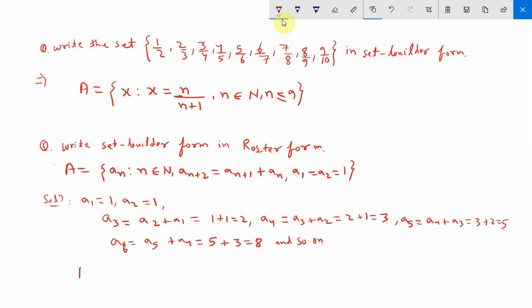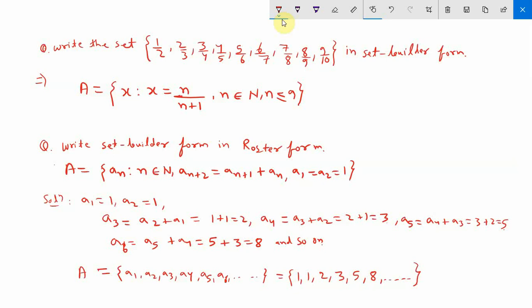So set A in roster form can be written as a1, a2, a3, a4, then a5, a6, and so on, which will be equal to 1, 1, third element is 2, fourth element is 3, then fifth element is 5, sixth element is 8, and so on.